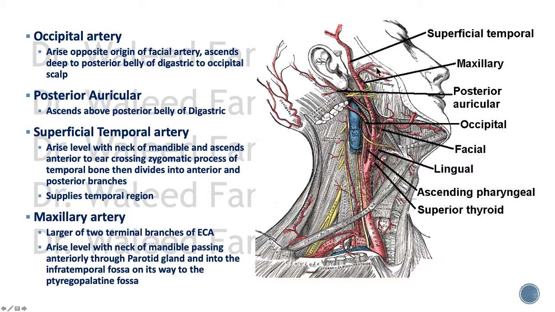The maxillary, and let's stop here for a while about the naming. Now, if you're reading from British books, almost all anatomy books, this is called the maxillary artery, and the facial artery is called the facial artery.